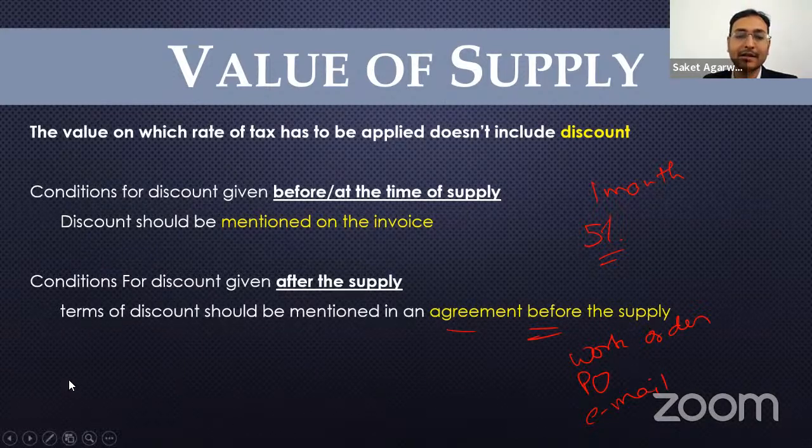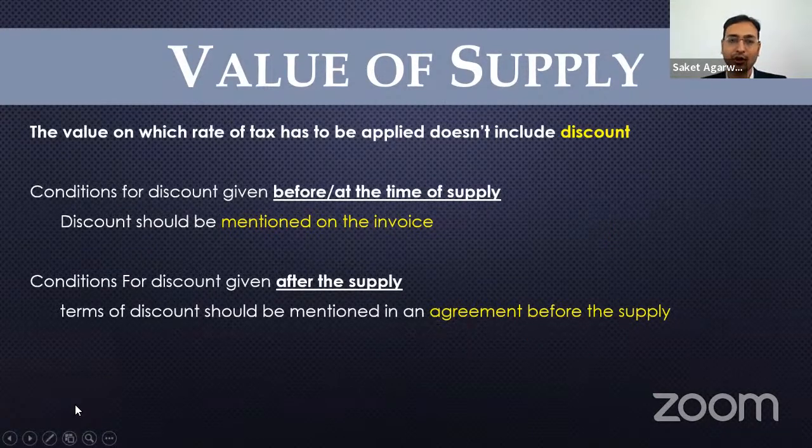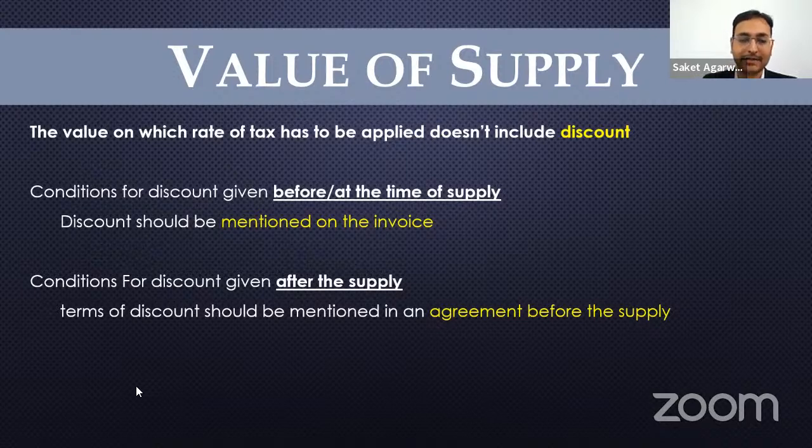If that is the case, then there is no question of this being bad debt. Then the government is sure that yes, there was an agreement before the sale itself that if these conditions are fulfilled by the buyer, the seller is ready to give you a discount. Okay, no chance of bad debt.